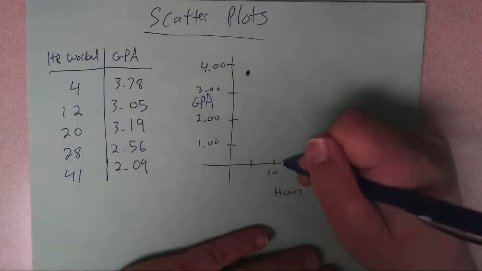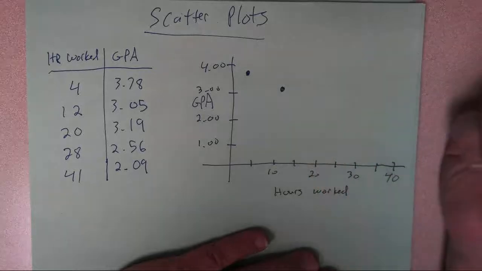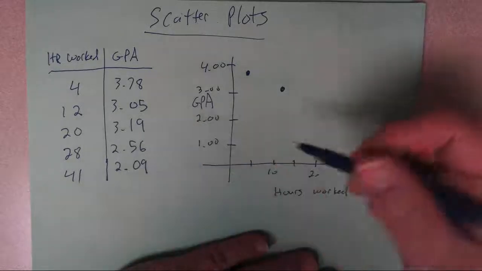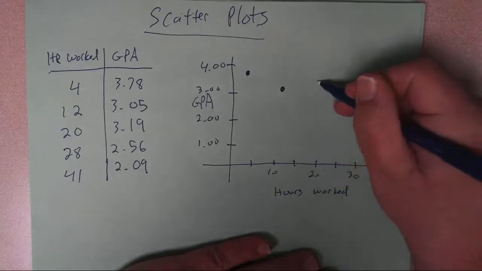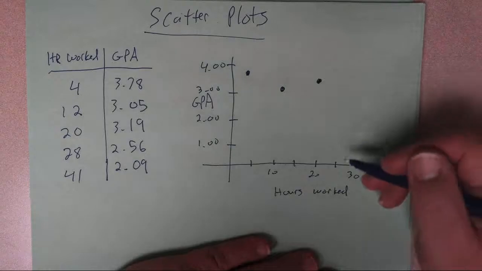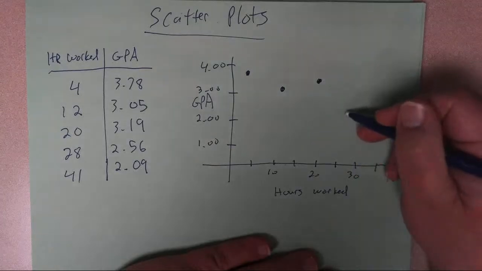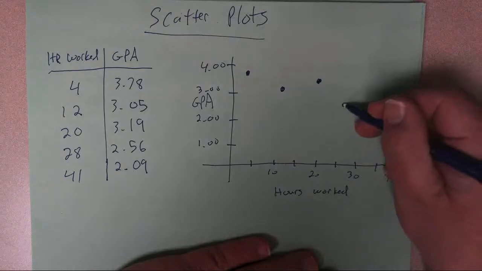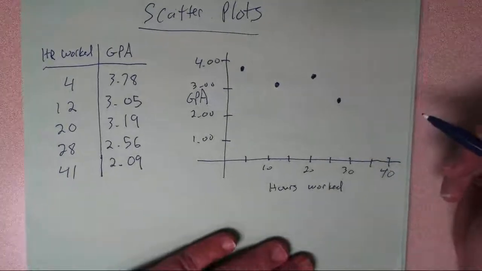So 12 would be right here, 3.05 maybe right here. Then 20, 3.19. It goes up a little bit here to 3.19. 28 and 2.56, maybe about right here. Not perfect, but good enough.